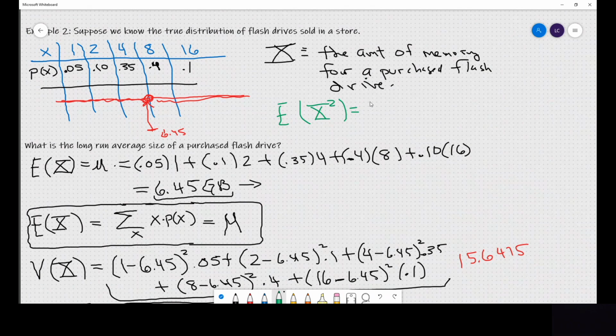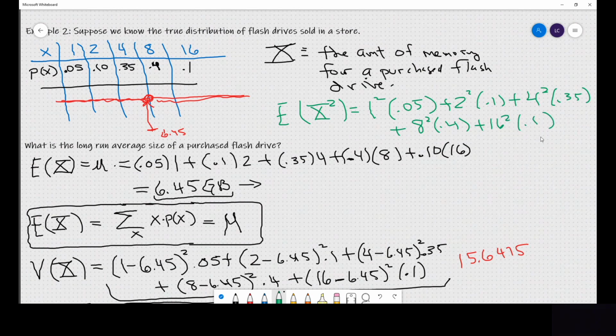So it's just 1 squared, right? Because all I'm doing is taking this and multiplying it by the probability, times 0.05, plus 2 squared times 0.1, plus 4 squared times 0.35, plus 8 squared times 0.4, and plus 16 squared times 0.1.